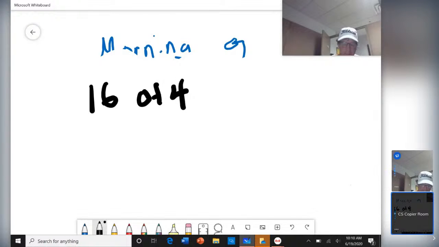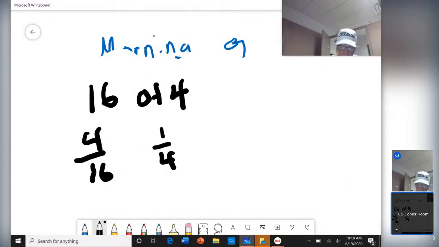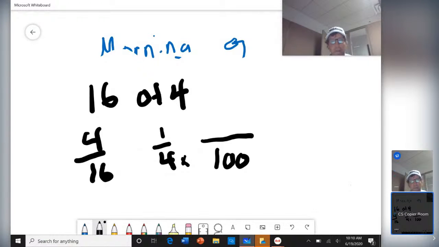So you can put the second number over the first number. And this one, we want to reduce. You're going to get 1 out of 4. And then remember, everything goes over 100. Okay? So you just have to figure out the new denominator. 4 times what equals 100. In this case, it's 25. And you have to multiply the top by the same thing.